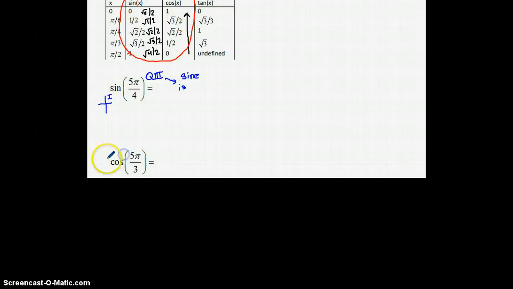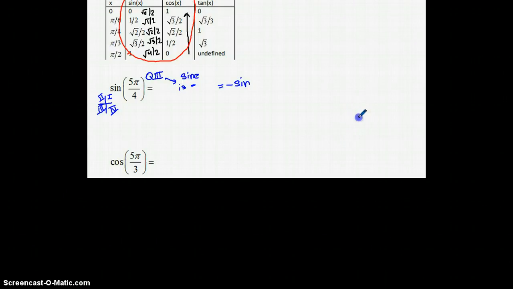Here's 1, 2, 3, and 4, and you see that y values are negative in quadrant 3, and sine is attached to y. Remember the video on unit circle. Sine is attached to y. Y is negative, so the sine is going to be negative. So this is going to equal negative sine.